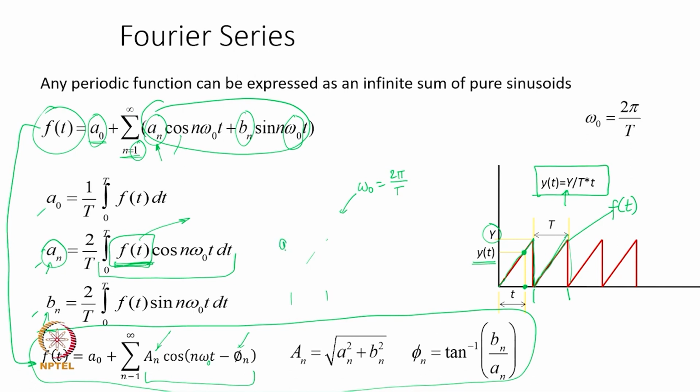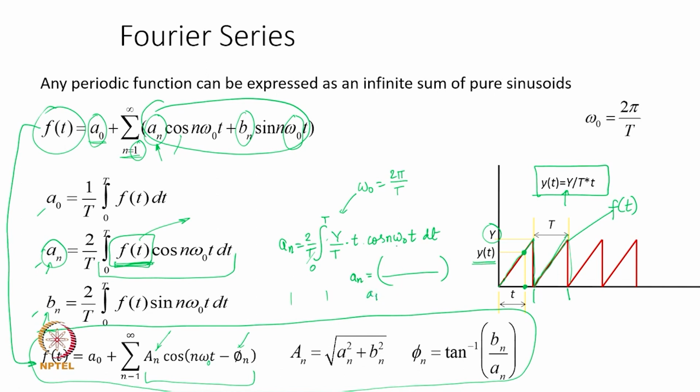So, if I want to find out a n, I will simply integrate it by substituting the value of f of t, which is going to be in this case capital Y by capital T times t cos(n omega naught t) dt, and you know how to evaluate this integral, it is quite straightforward that way. Once I get the expression of a n, I can substitute n equal to 1 to get the value of a 1.